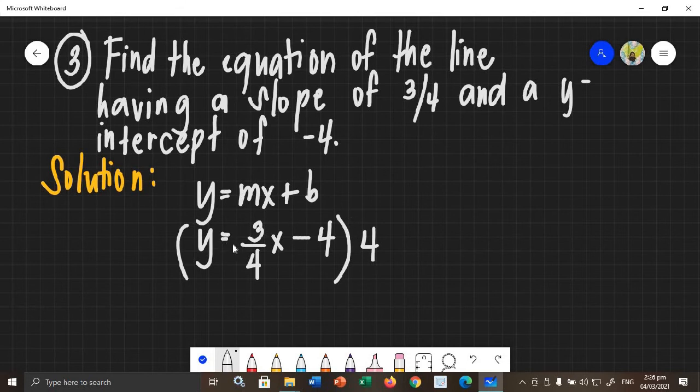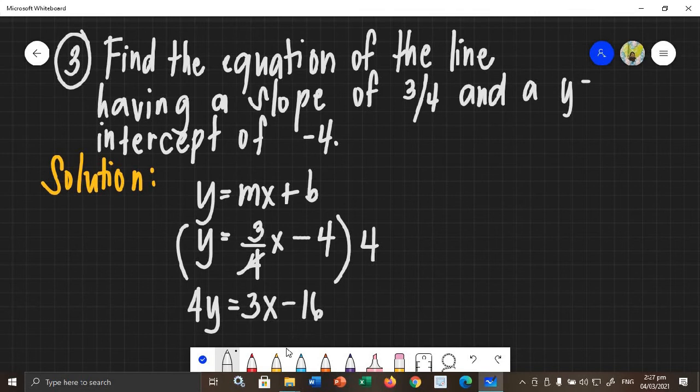Now, we have y times 4, that is equal to 4y, and then equals 3 over 4x times 4. Maka-cancel out lang yung 4, so lagay natin is 3x. And then negative 4 times 4, that is equal to negative 16.